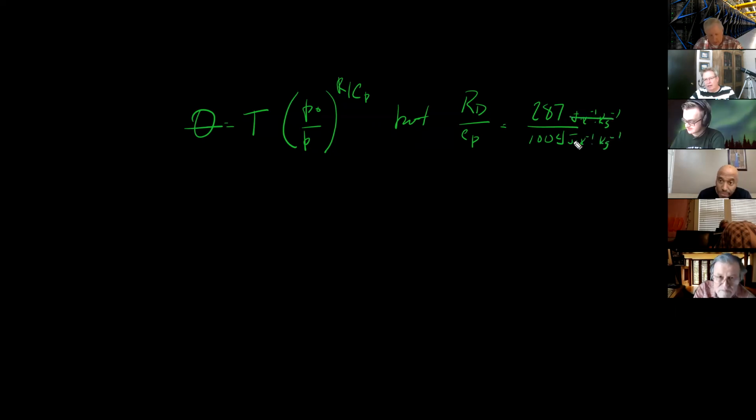They all go away. So what is 287 divided by 1004? If you do it, it's 0.286.